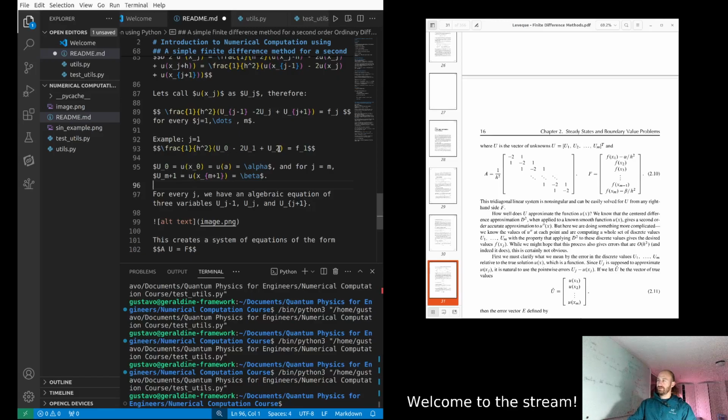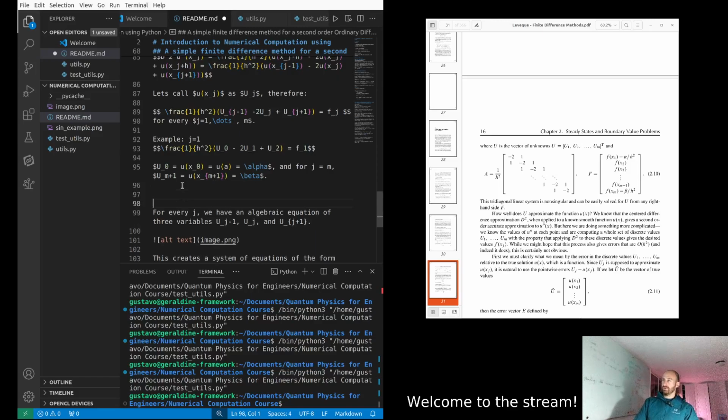So from this equation, therefore, what happens? We're going to move the u0, which we know is alpha, to the other side.